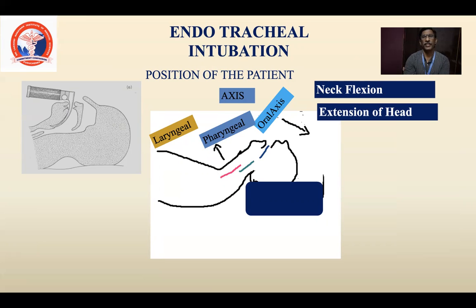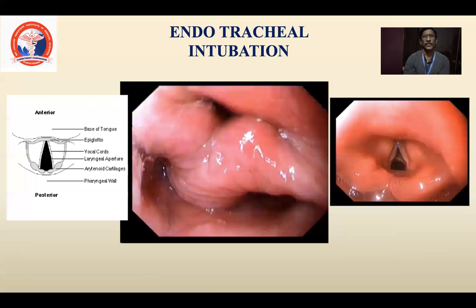So neck flexion and head extension is the position of the patient for intubation. During laryngoscopy, we will be able to see the epiglottis, arytenoid, aryepiglottic fold, false vocal cords, true vocal cords, and of course, the tracheal rings can be seen through the vocal cords.